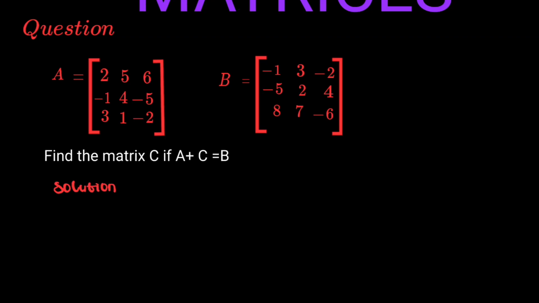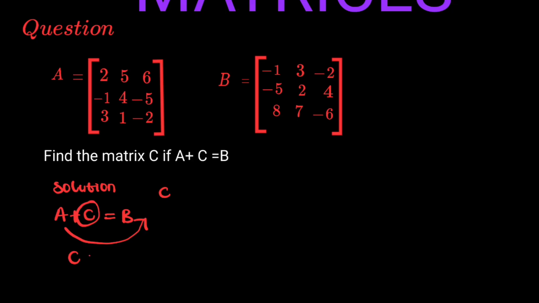So we have been given an equation A plus C is equal to B, and we are told to find C. Under normal circumstances, to make C the subject of the formula from this equation, we need to send A this way.